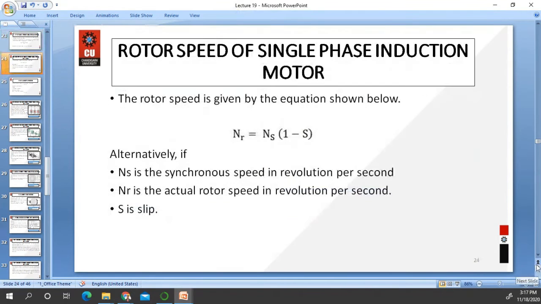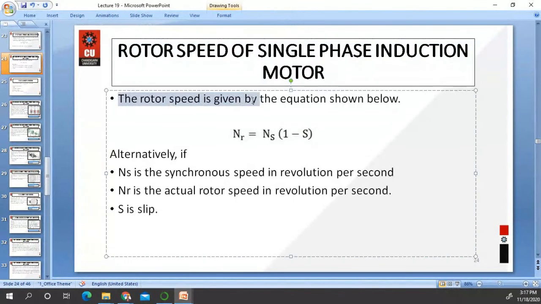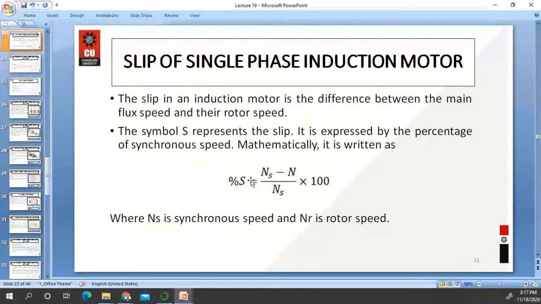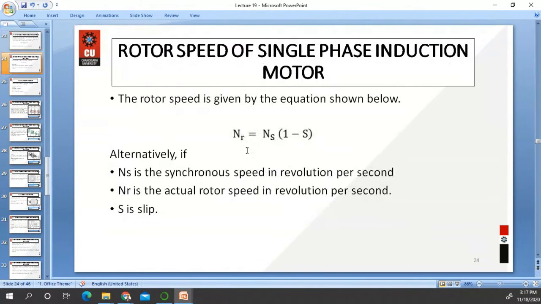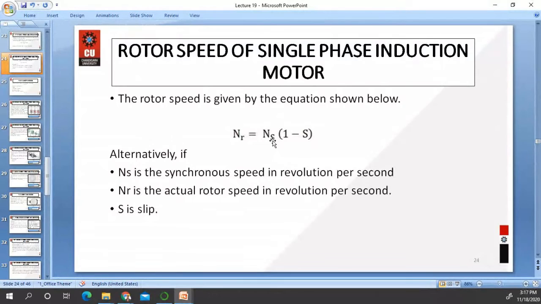Clear? So now, how will the rotor speed of a single phase induction motor be achieved? The rotor speed is given by the equation Nr equals Ns into (1 minus S). You can rearrange this equation if you want to find the rotor speed Nr.